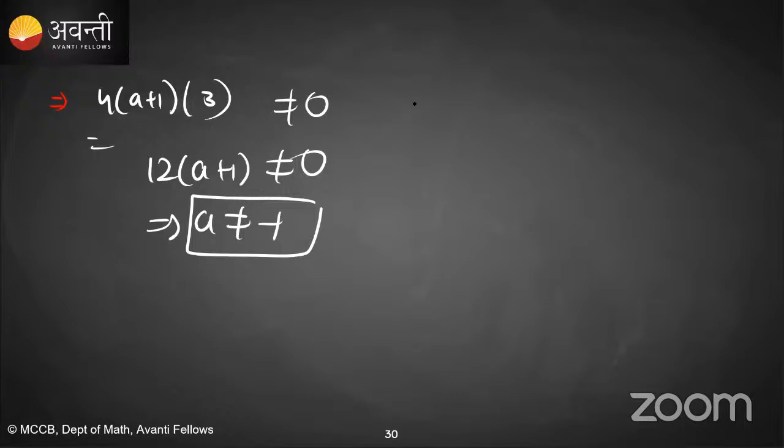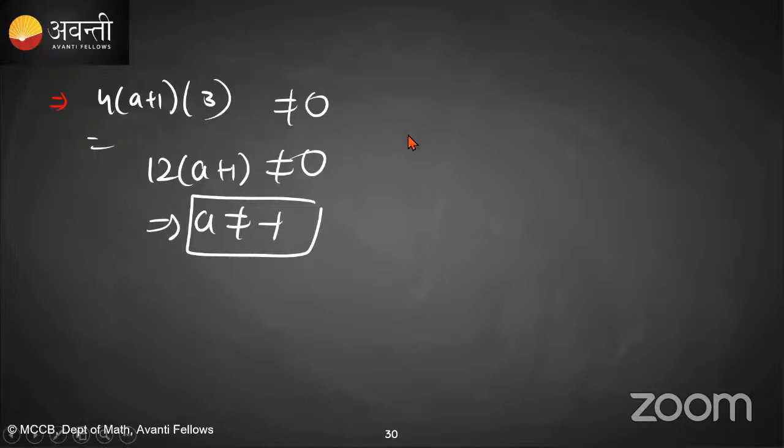Is this clear? So as long as your a is not minus 1, then your D is non-zero. Clear? Tell me quickly in the chat box.